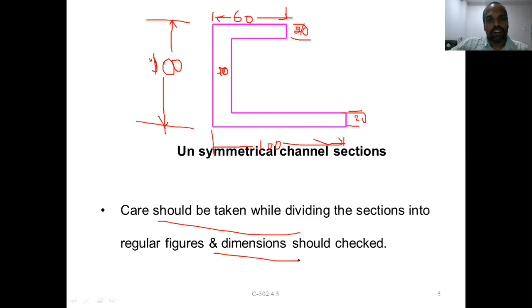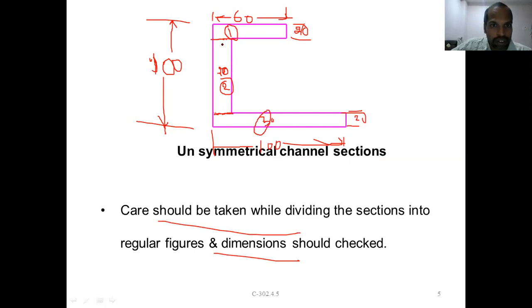For a calculation of centroids, we have to divide this section into different regular figures, like this. I have divided it like this. Let us say this is 1, this is 2, and this is 3. As per my convenience, I have divided it.